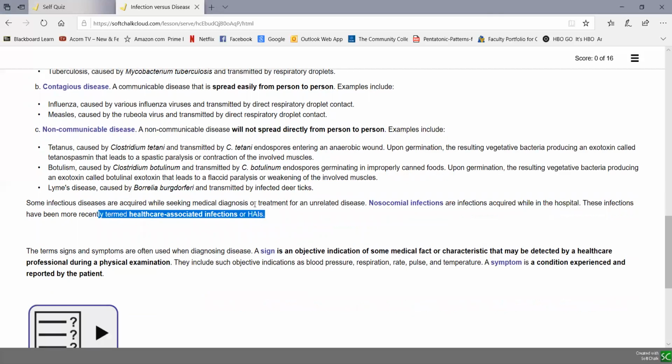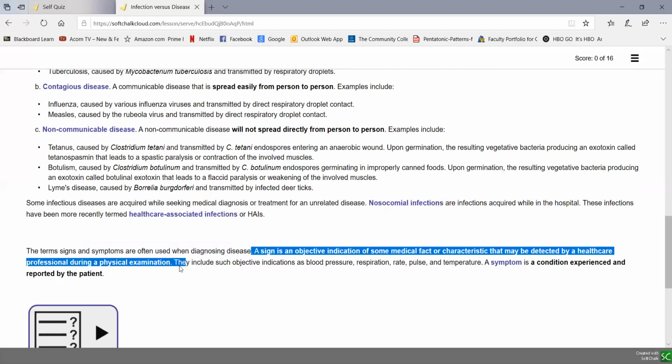Now, two other terms we'll be using a lot, and especially in our case study-based identification of microbes labs, are the terms sign and symptom. A sign is an objective indication of some medical fact or characteristic detected by a healthcare professional during a physical exam.